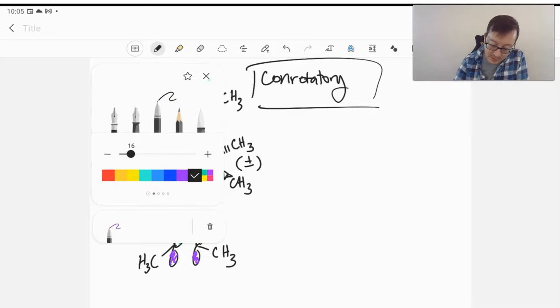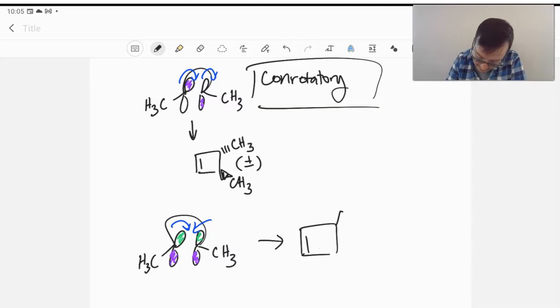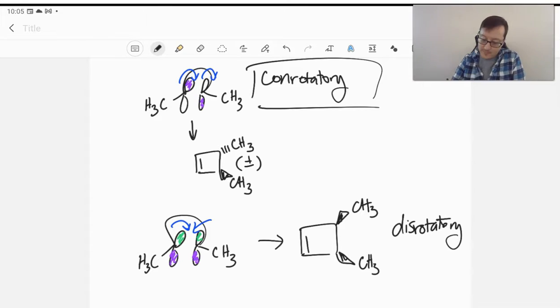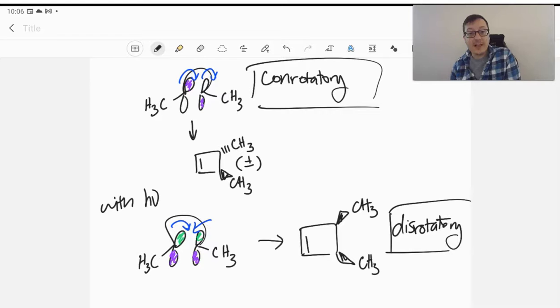And in this case, the rotation that I've done is going to end up putting them both, the ones that are pointing out, both going up. And as a result, we end up with our groups pointing up, and this is through a disrotatory manner here for UV. With light, we end up getting a disrotatory process, and we end up with the syn product.